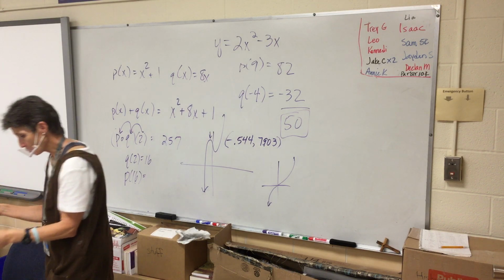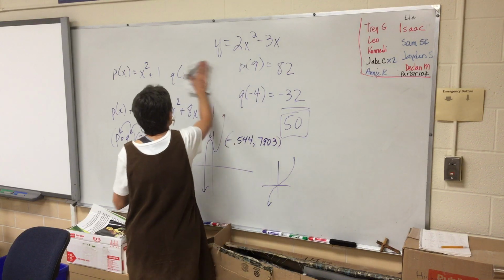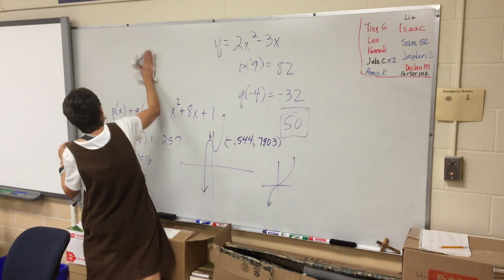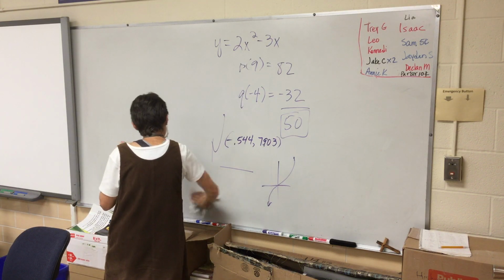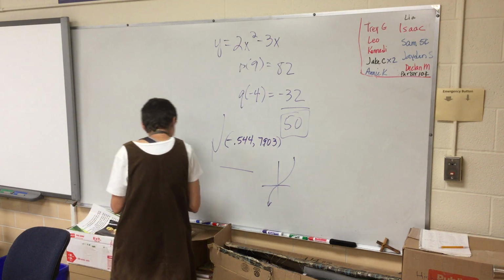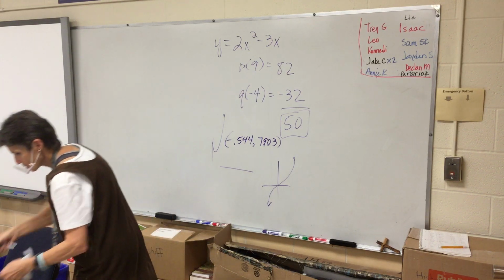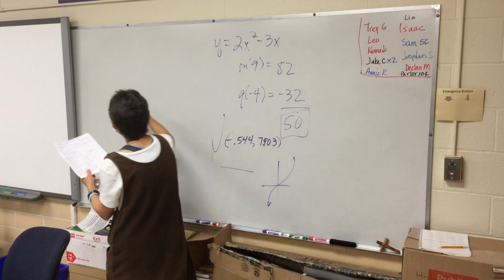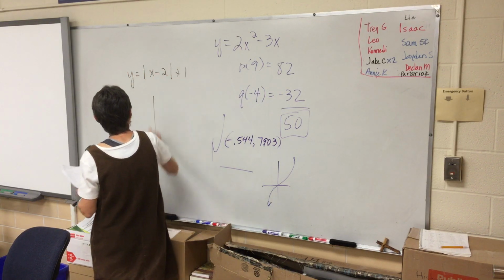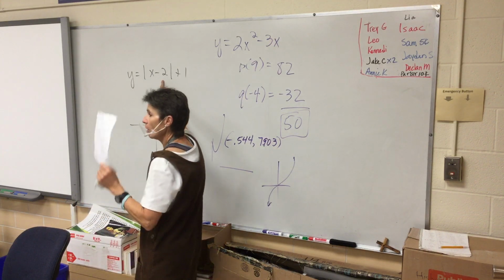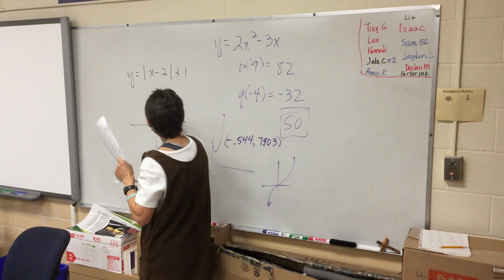Well, find the range of the function. Now, range for me, personally, is easier to find if I have a sketch in front of me. It's not required, but it's easier. So I know, in number 12, I know what that looks like. What does number 12 look like? A V. But the V has gone right 2 and up 1.